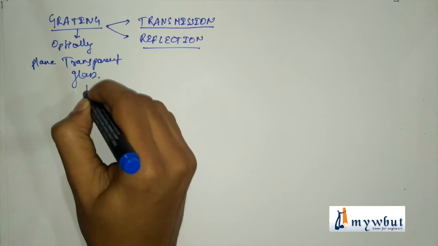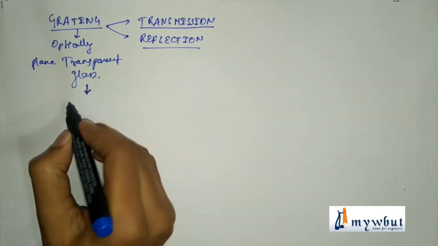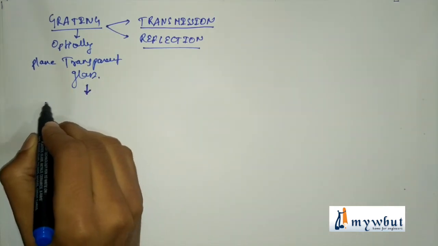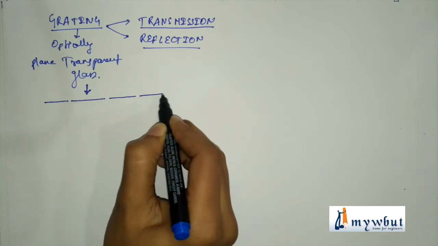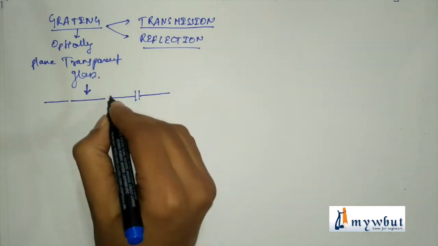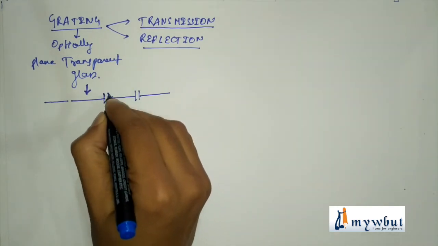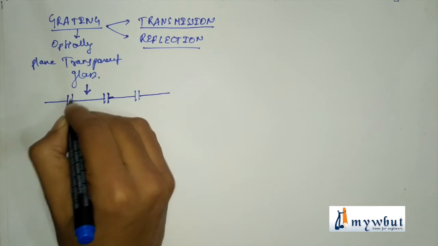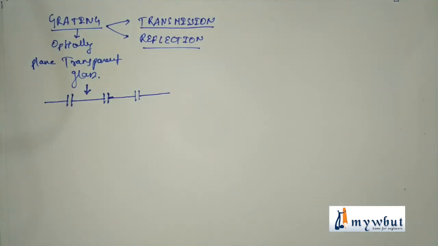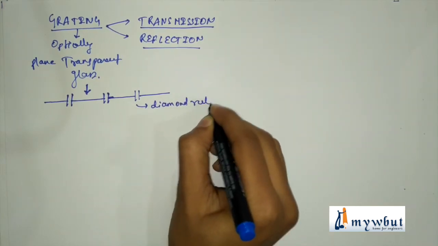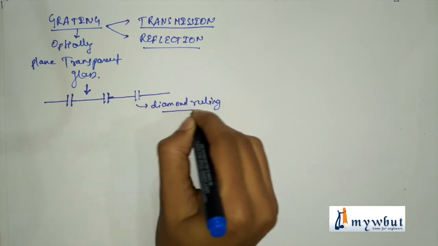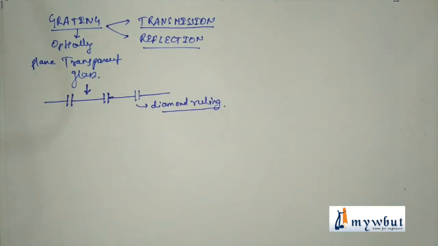Here, as I have drawn the small diagram on the previous page, the surface is present like this in the case of a grating. The slits are equidistant from one another, and the widths of the slits are also similar to one another. These slits are drawn by diamond ruling, since diamond can cut a glass material.